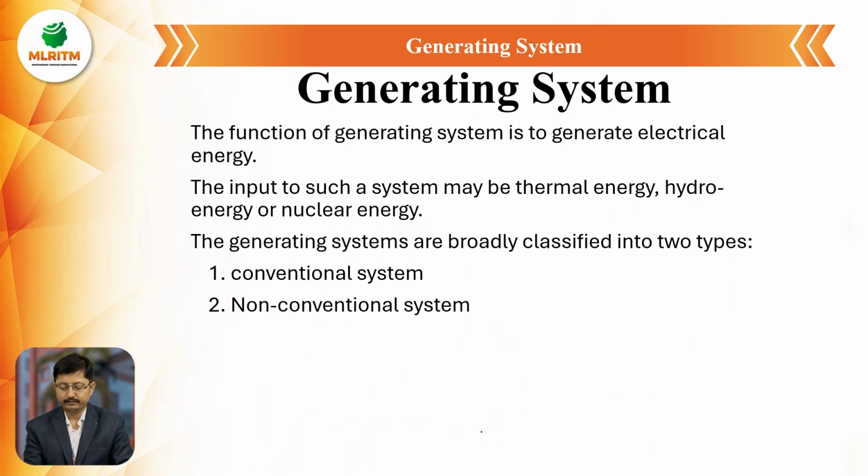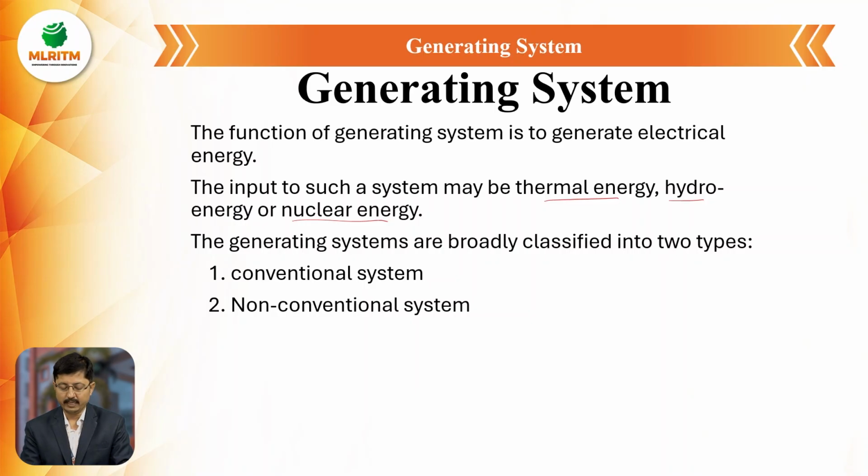The function of the generating system is to generate electrical energy. The input to such a system may be thermal energy, hydro energy or nuclear energy. Generation is a mechanism to generate the AC voltage, that is, an alternating current system.